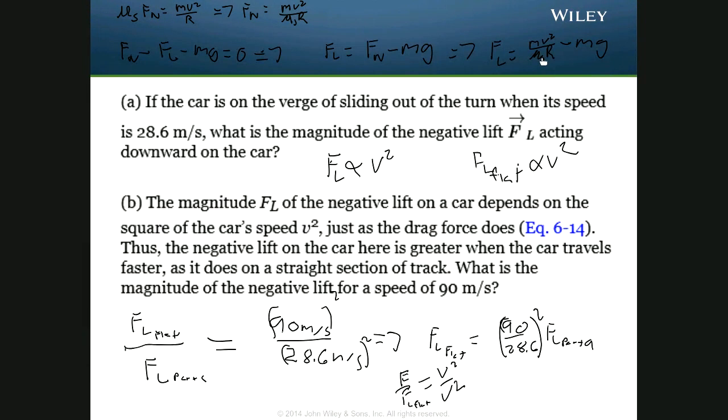You forgot the mu, though. You forgot the coefficient of static friction. I'm sorry. Yes. In the denominator, would it be the same thing? Because essentially it's straight. It's not curved. This is for a curved surface. If you change it to straight, r becomes infinity, and you're no longer proportional to v squared.